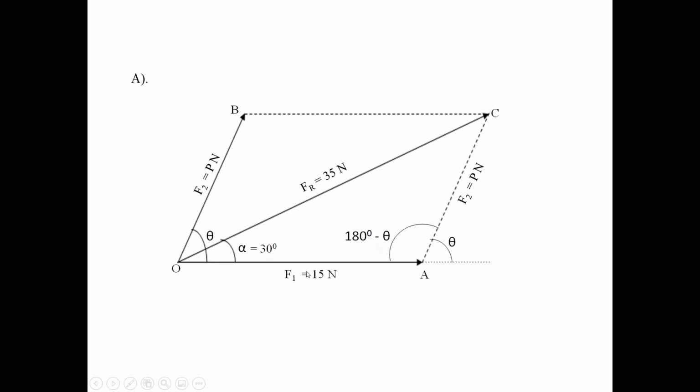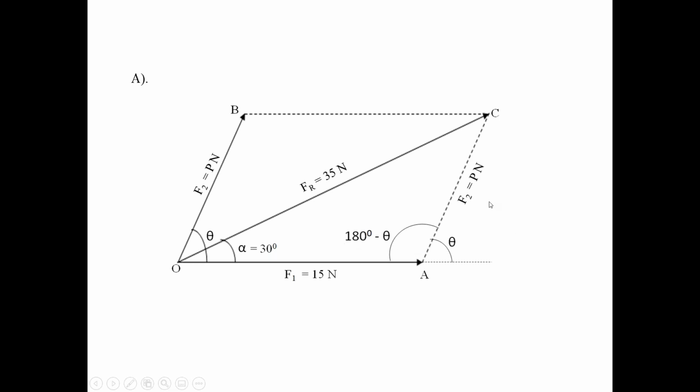Take this triangle OAC. Apply the sine rule. According to the sine rule, AC divided by the sine of the opposite angle 30 degrees is equal to OC divided by the sine of the opposite angle, that is 180 minus theta.